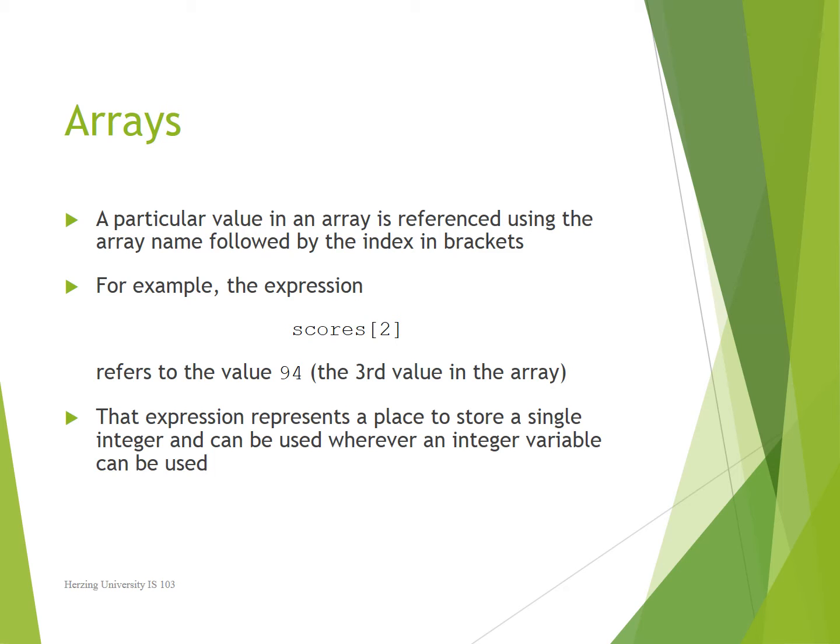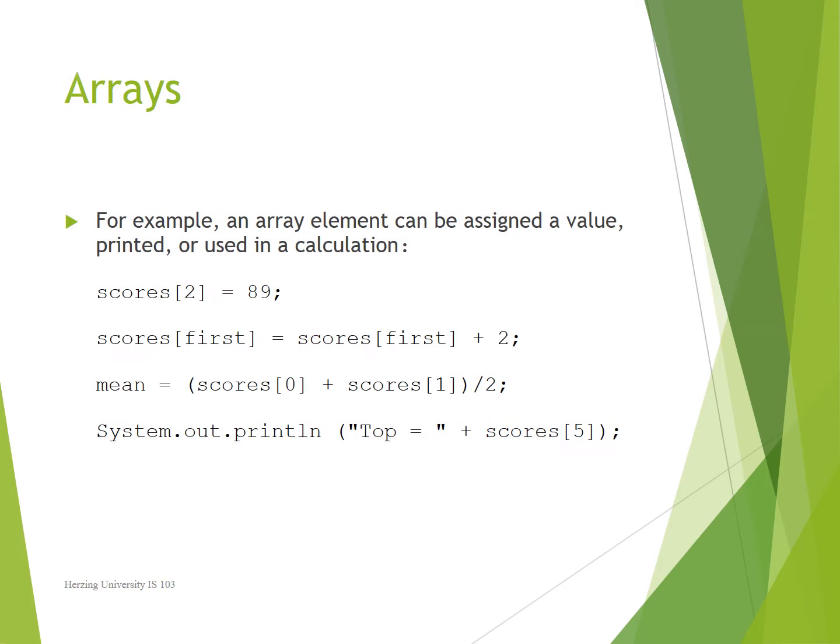The expression represents a place to store a single integer and can be used whenever an integer value can be used. For example, an array element can be assigned a value, printed, or used in a calculation. Please look at the examples below.